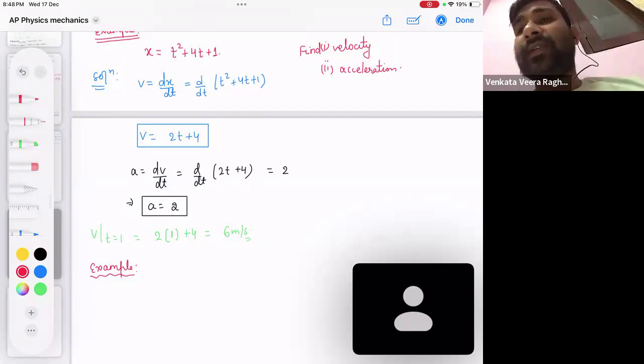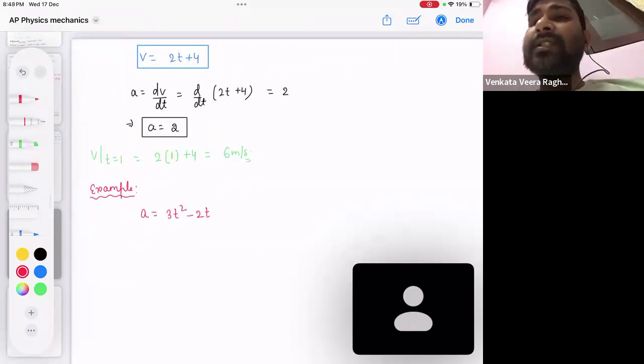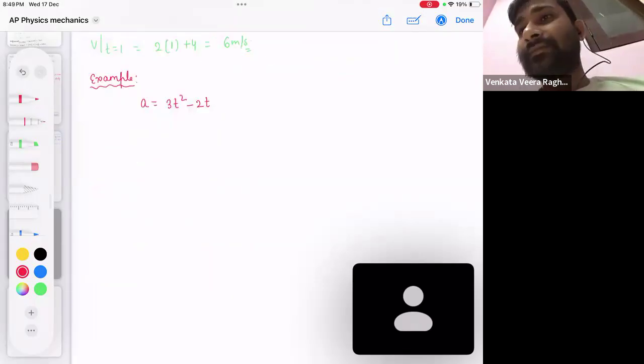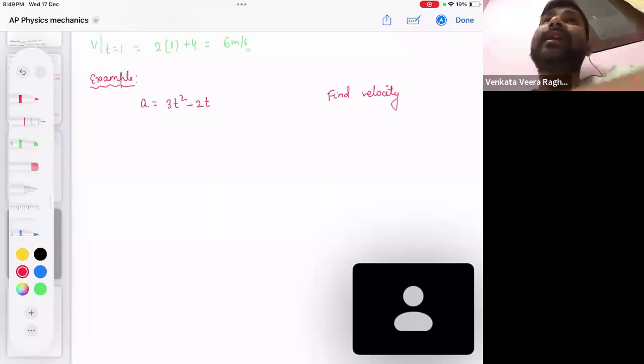Like the question gave me the acceleration. Acceleration in the question is given as 3t squared minus 2t. Please tell me, is it a constant acceleration or variable acceleration? Variable. Yes, it is a variable acceleration.